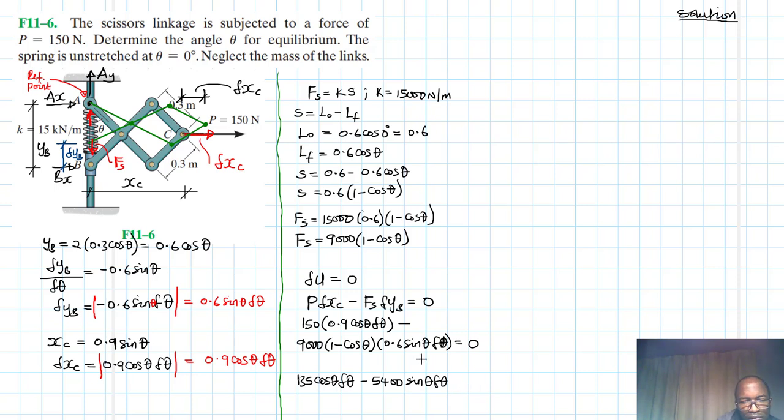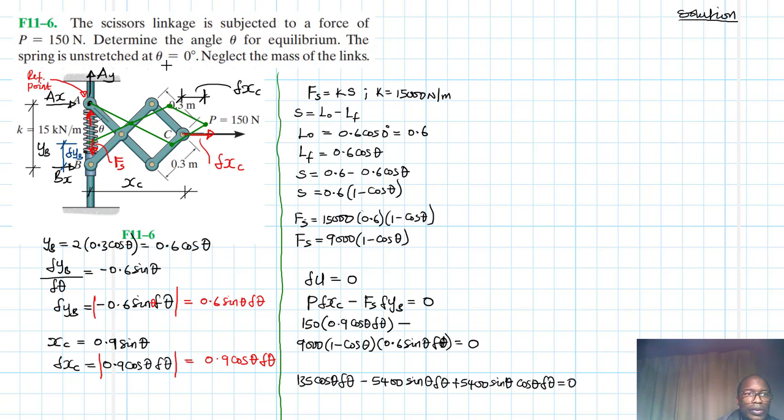So we have plus 5,400 sine theta cos theta del theta equal to 0.